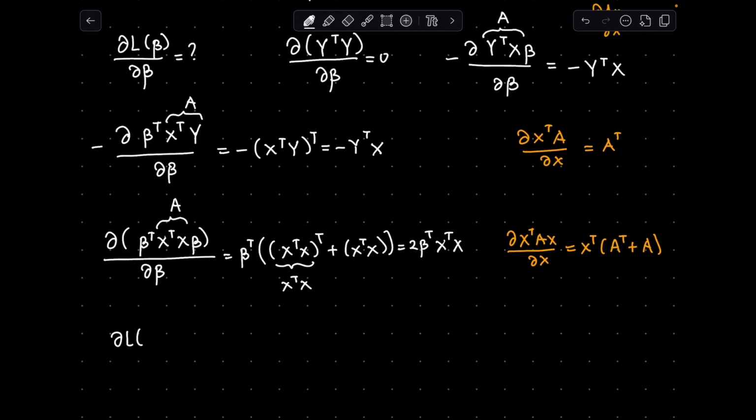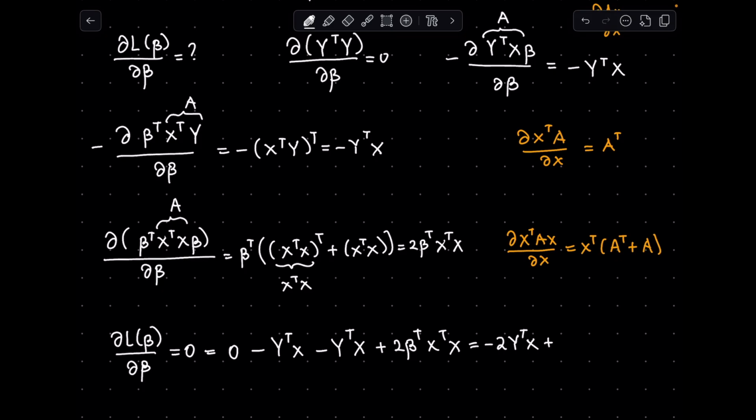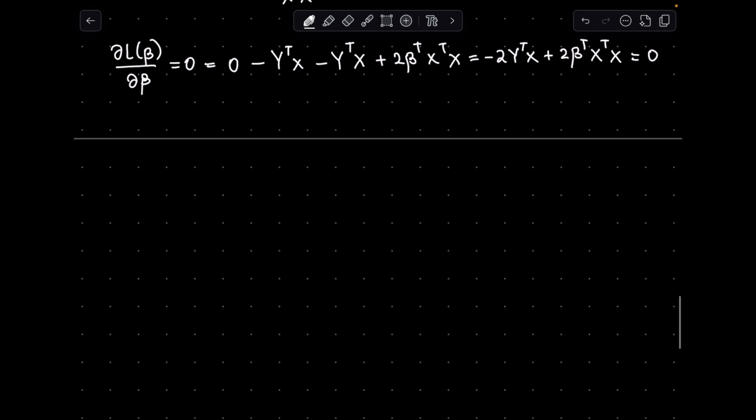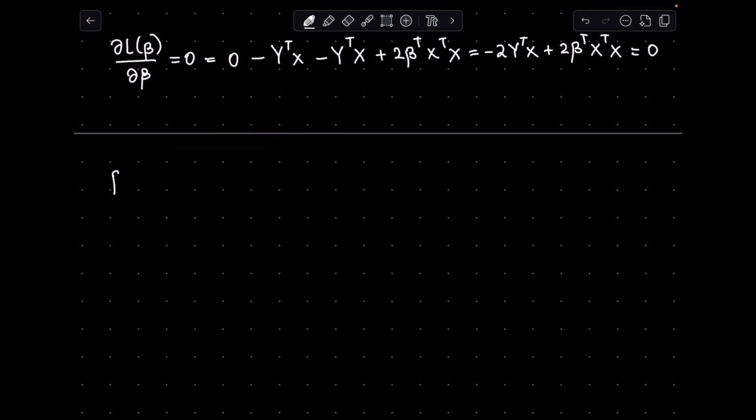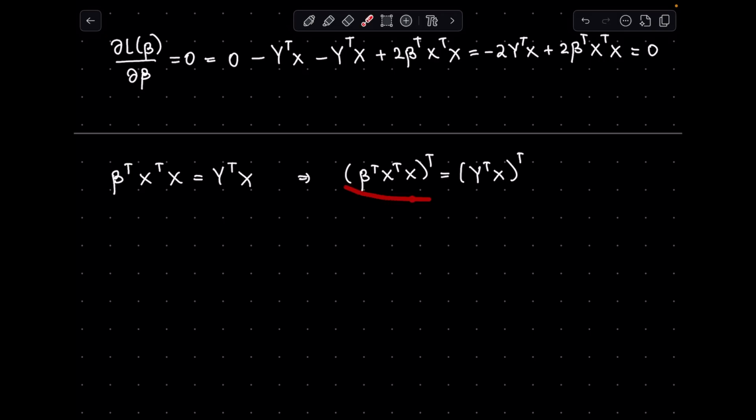Now we say that the derivative of the cost function should be 0 and put all the terms together. Let's take the transpose to get beta instead of beta transpose.